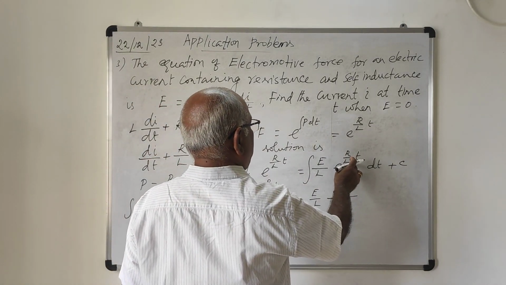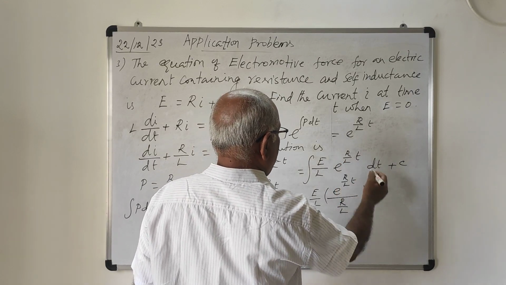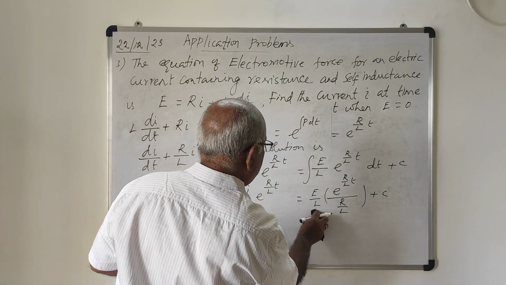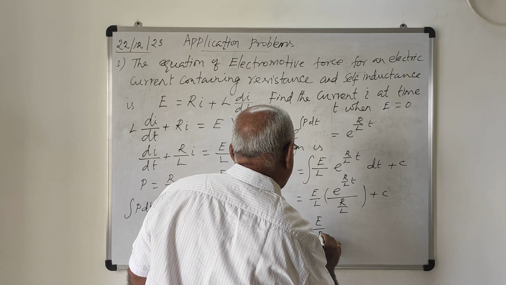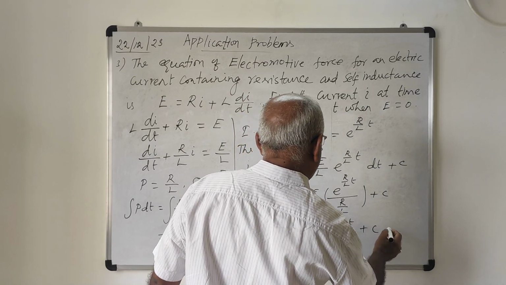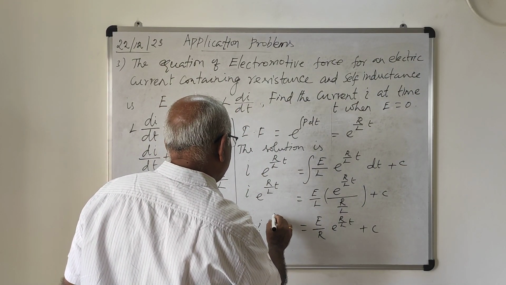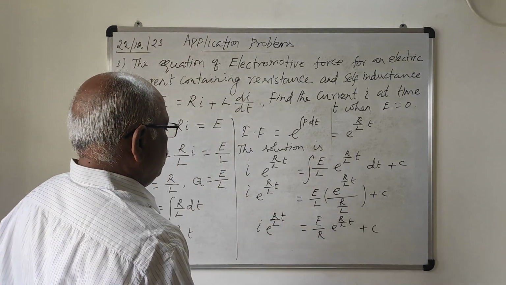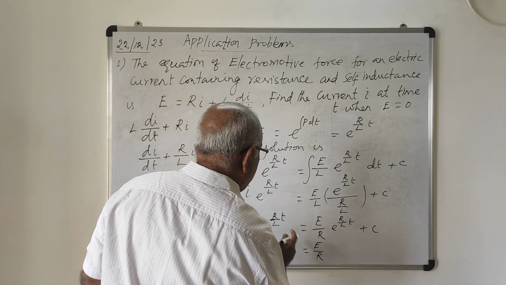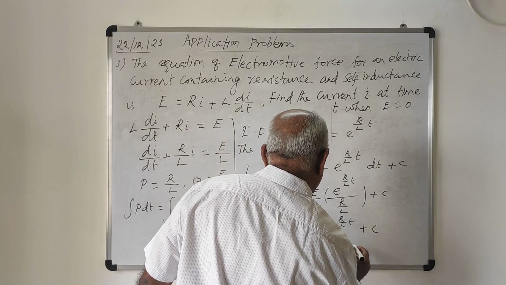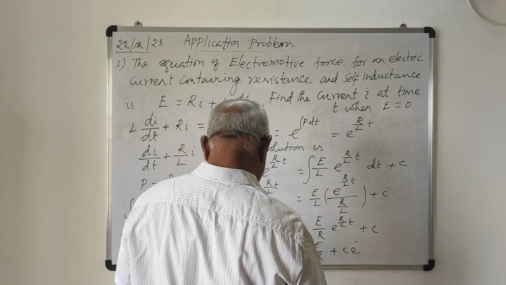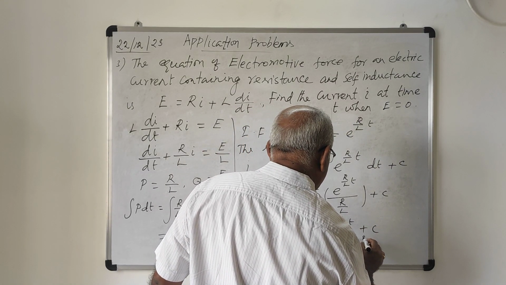The L cancels and you get E by R into e power R by L t plus c. Now divide both sides by e power R by L t, and you get I equal to E by R plus c into e power minus R by L into t.